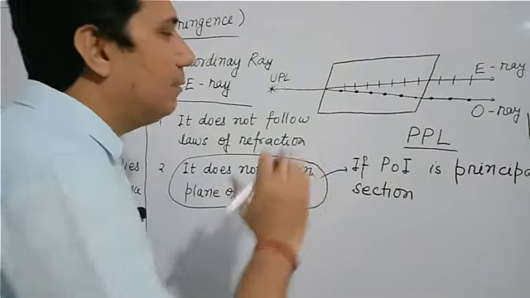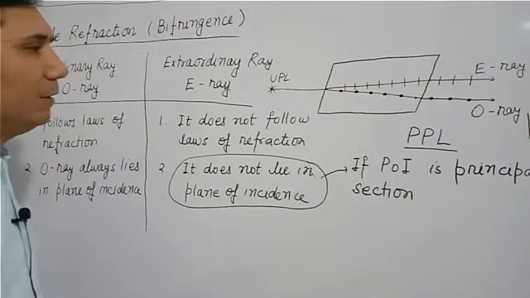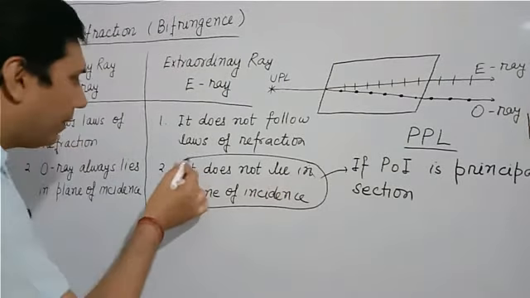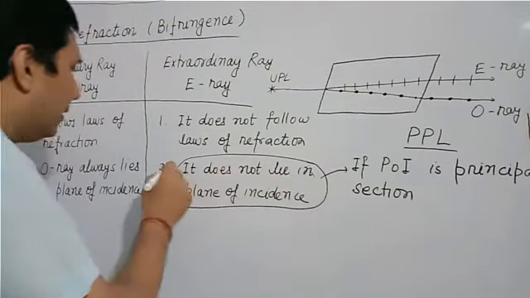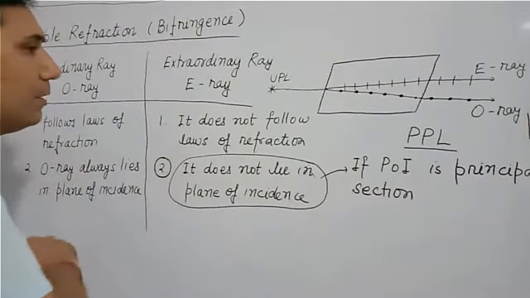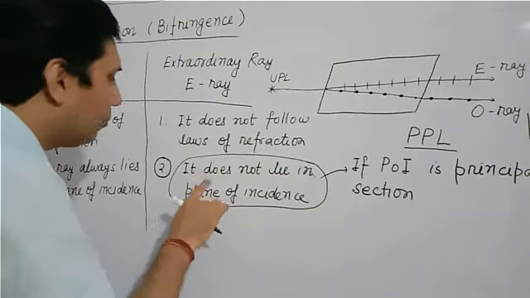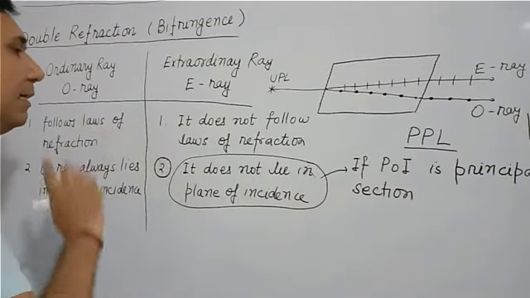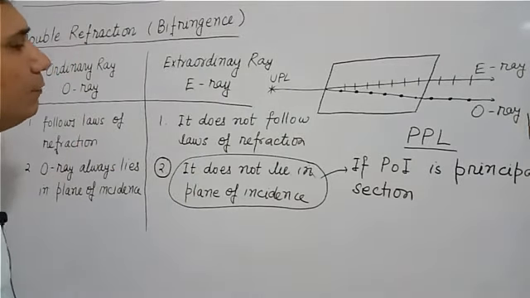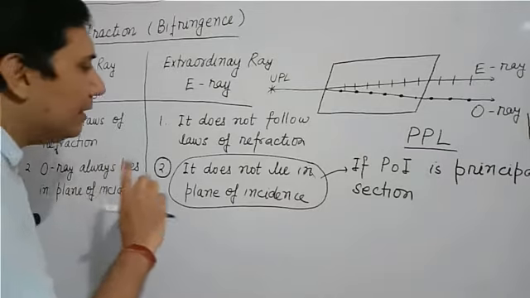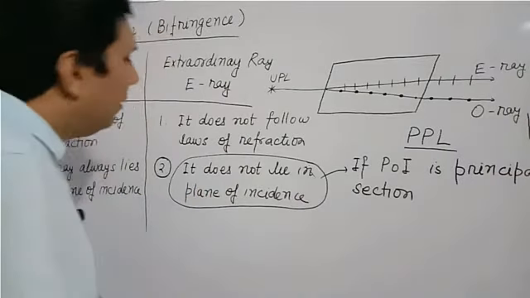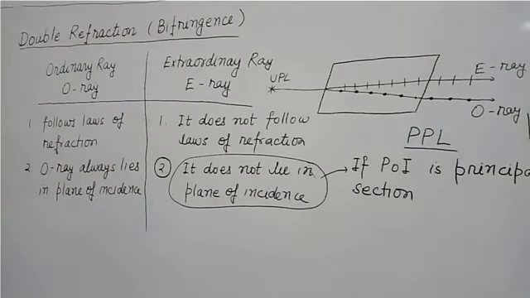So the exception is: if the principal section coincides with the plane of incidence, then the E ray will travel in the plane of incidence itself.